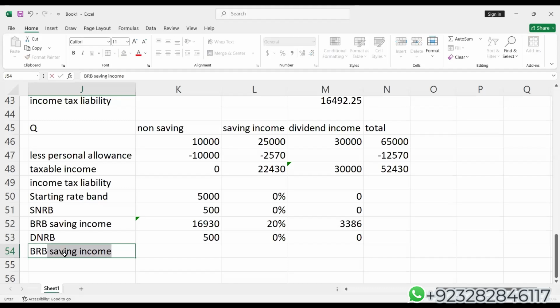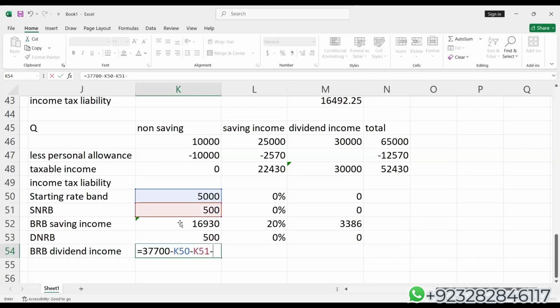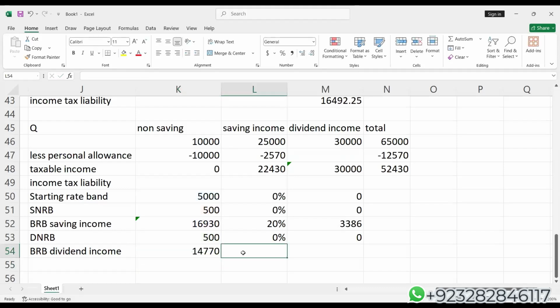Basic rate band, dividend income. The basic rate band limit is 37,700. We have utilized 5,000, then 500, then 16,930, and then 500. This is what is still left. The applicable income tax rate is going to be 8.75%.